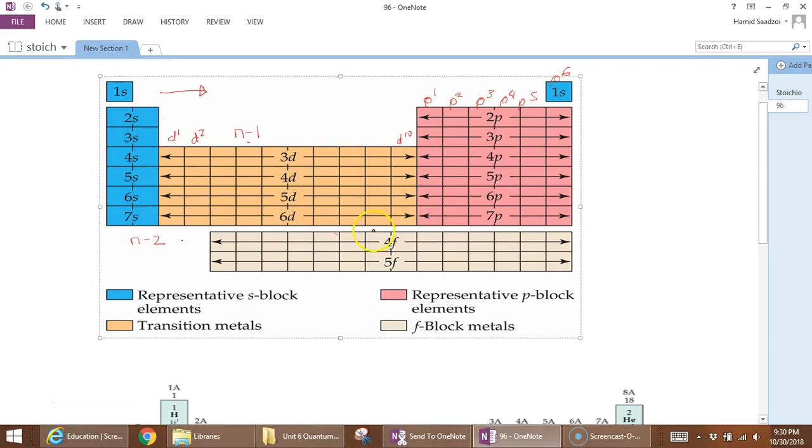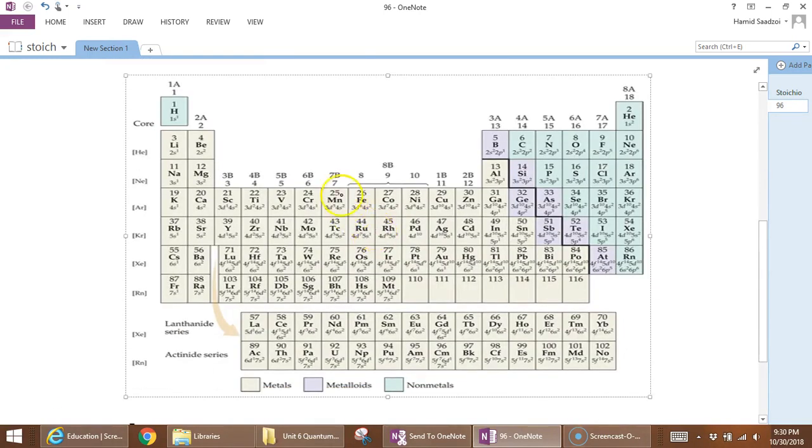So let's look at some examples to see if we can make more sense of it. Here's a periodic table, and once again, these are all S1s, these are all S2s, and this is P1, P2, P3, P4, P5, and P6, going from left to right.